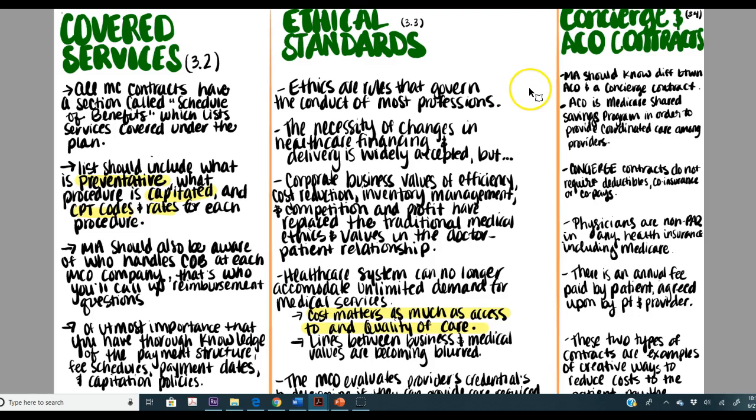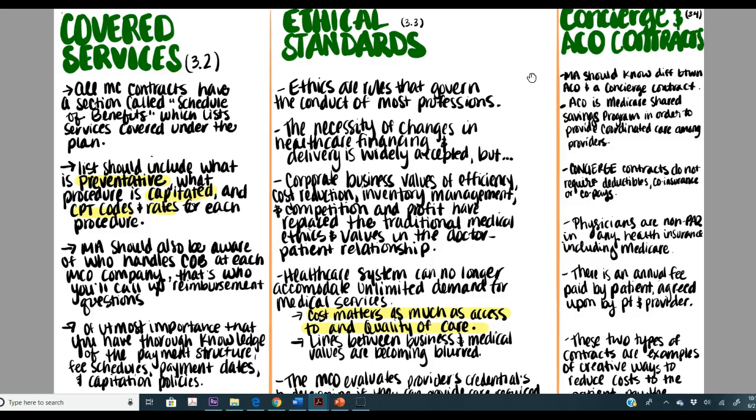But that has not been without issues, because we have all these corporate business values of efficiency and cost reduction and inventory management and competition and profits to be made. And all of those corporate business values have kind of replaced the traditional medical ethics and values in the doctor and patient relationship.